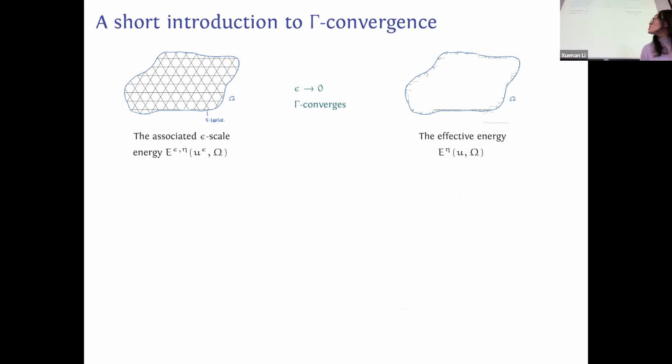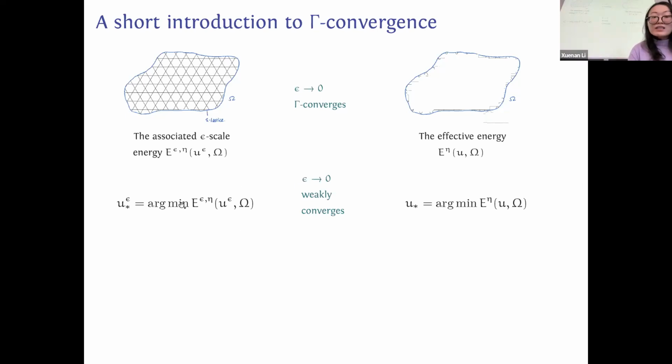So we have the energy, which depends on epsilon. Now let's fix eta so that you have a very large penalty term. We want to study what we mean by taking epsilon to 0. This is something called gamma convergence. If we have some energy which is associated with epsilon, and we say that as epsilon goes to 0 this energy is gamma converging to this energy, what we mean is the minimizers converge weakly, maybe.